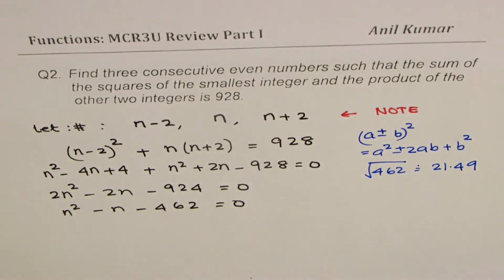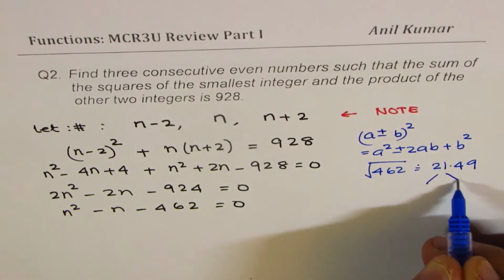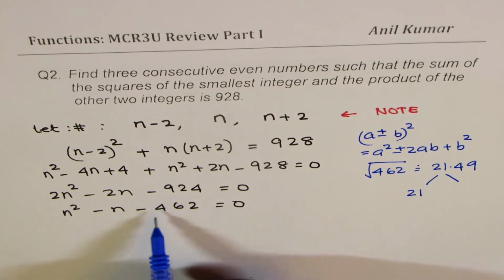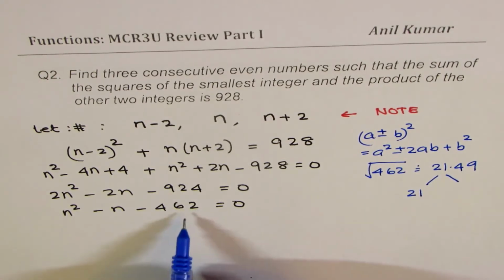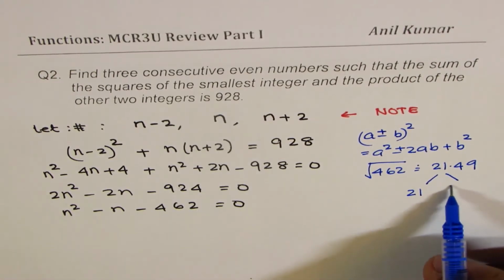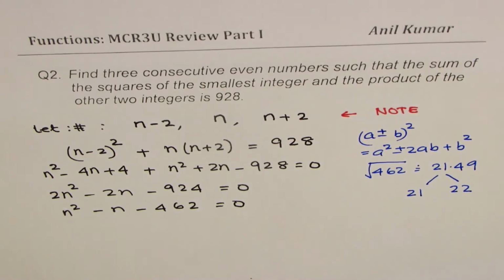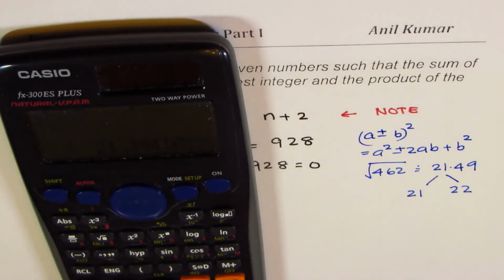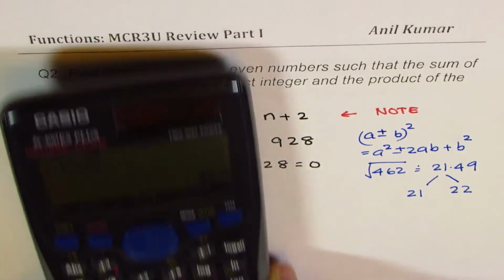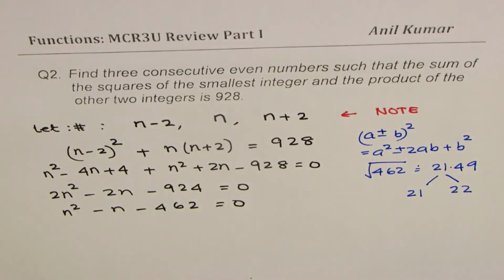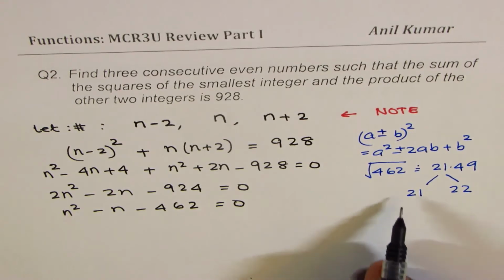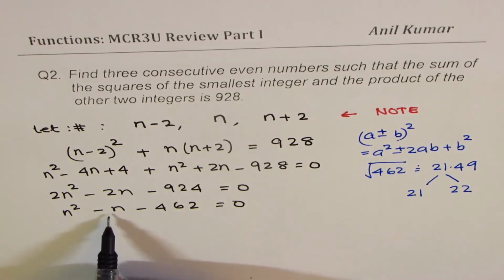So as you can see, we could try numbers like 21 and what? Ending with 2, that means 22, right? Let us check. If I do 21 times 22, what do I get? 462, right? So this is a very effective way of factoring, especially when the coefficient of n or x is small.